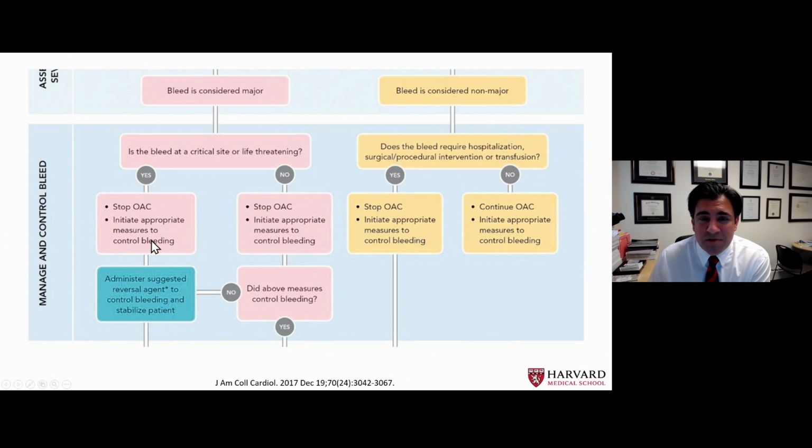If it's an area that you can apply pressure or go in procedurally to stop the bleeding, that can be very helpful. If this is a major bleed at a critical site or is life-threatening, that is when reversal agents come into play. Or, if your measures to control bleeding didn't work, and you continue to have ongoing bleeding in spite of supportive care.